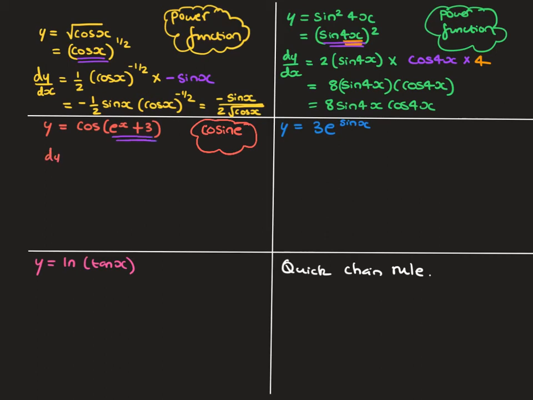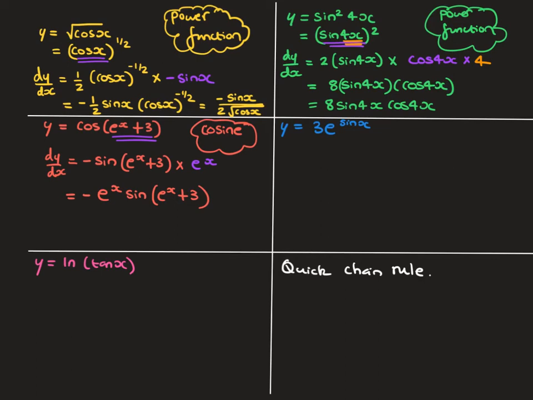Now, dy by dx, cosine functions differentiate to negative sine, so negative sine e to the x plus 3. Multiply by the derivative of the inner function. What happens if we differentiate e to the x plus 3? We just get e to the x. 3 differentiates to 0. So the answer is negative e to the x sine e to the x plus 3, and we need to write this out in this format here.